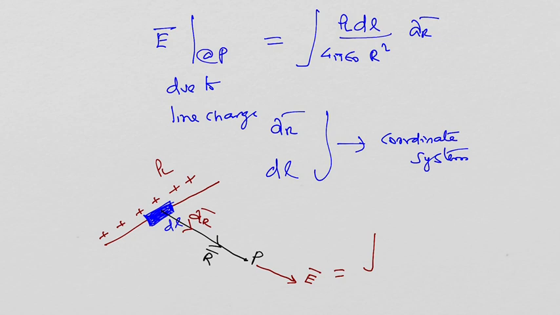Now if you calculate the total electric field intensity because of the total straight line conductor, it is computed as the integral of rho L dl divided by 4 pi epsilon naught R squared AR unit vector. This law is applicable for any other charges. In fact, for surface charge density, I have a sheet full of charges uniformly present with rho S as the surface charge density. I imagine a small area called ds.